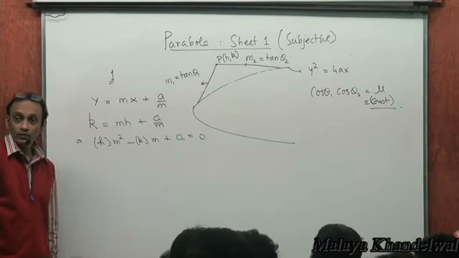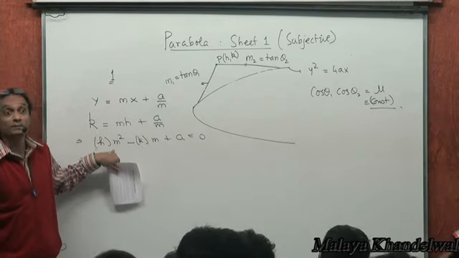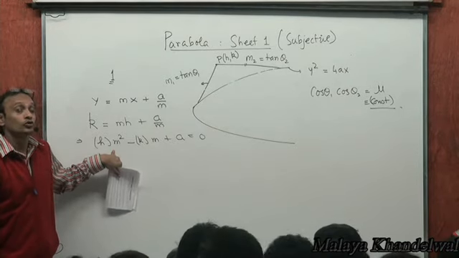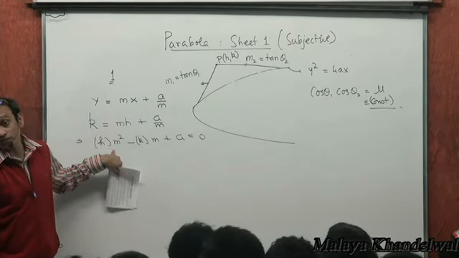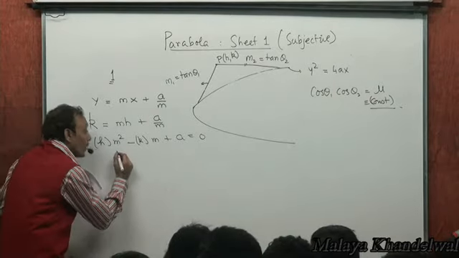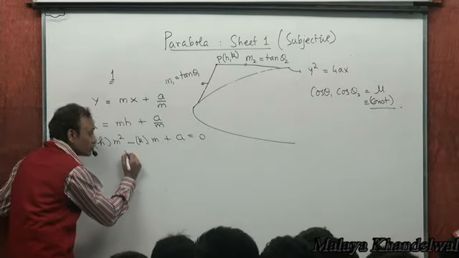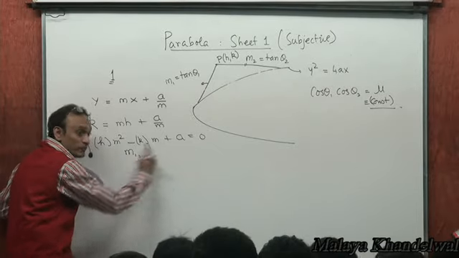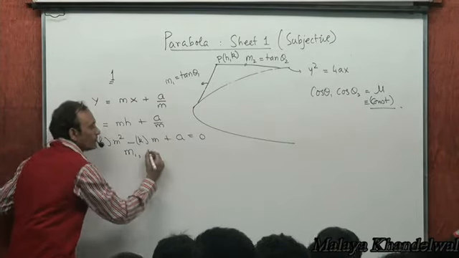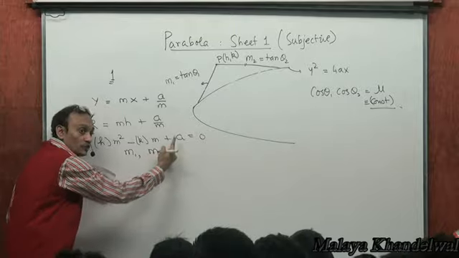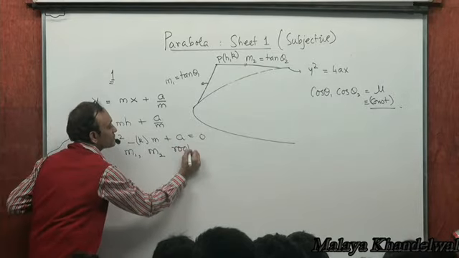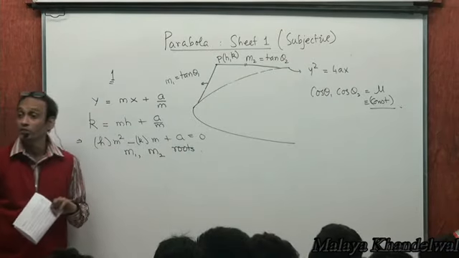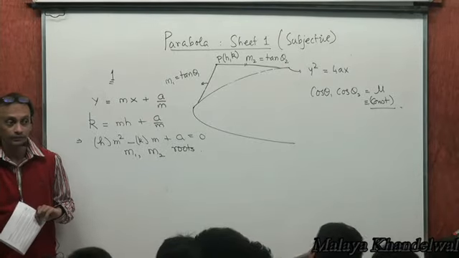It gives you a quadratic in m, implying therefore that two slopes means two tangents from hk to the parabola. One tangent from the point hk to the parabola would have slope m1, which would be one of the roots of this equation. The slope of the other tangent would be the other root of this equation. The roots of this equation would be the slopes of the two tangents drawn from hk to the parabola.